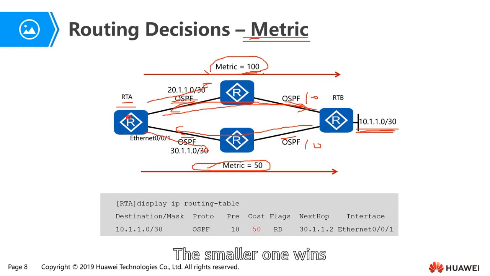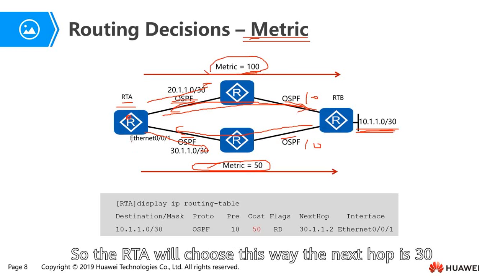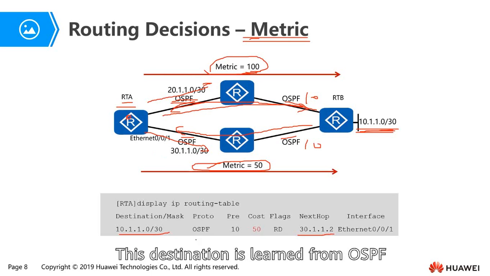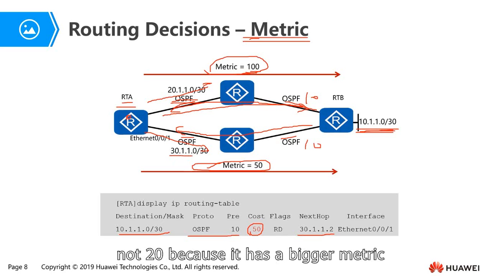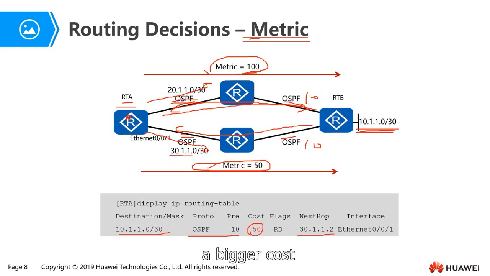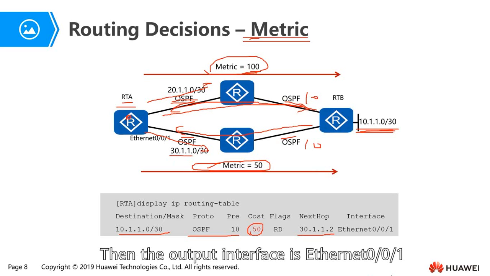The smaller one wins, so RTA will choose this way, with next hop 30. This destination learned from OSPF, the cost 51 wins. The next hop is 30, not 20, because 20 has the bigger metric, bigger cost. Then the output interface is Ethernet 0/0/1.